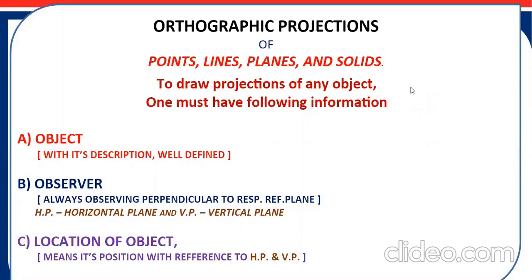The observer means our position, in front of, above, or on the left or right side, with respect to the reference plane. The location of the object means its position with reference to HP and VP. So these three important points we must know before drawing orthographic projection.